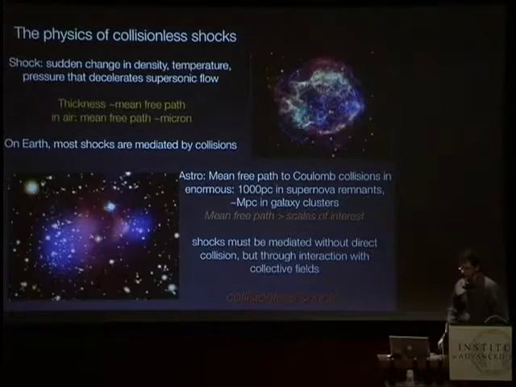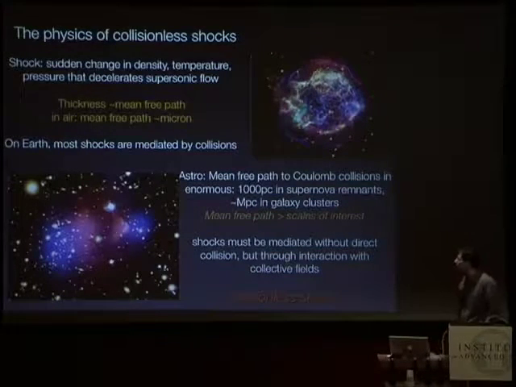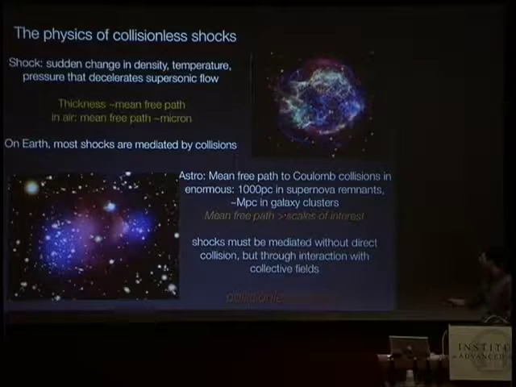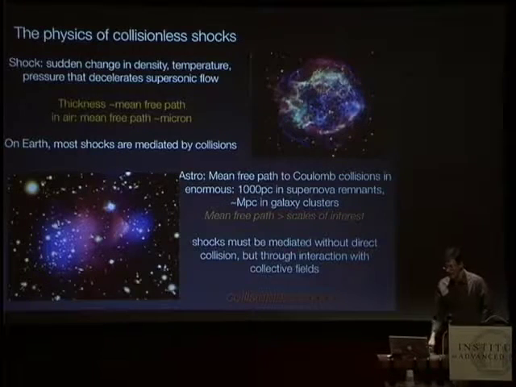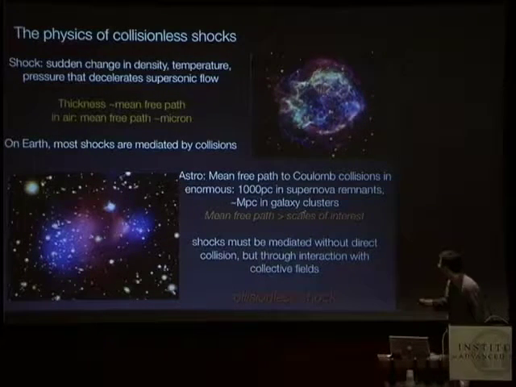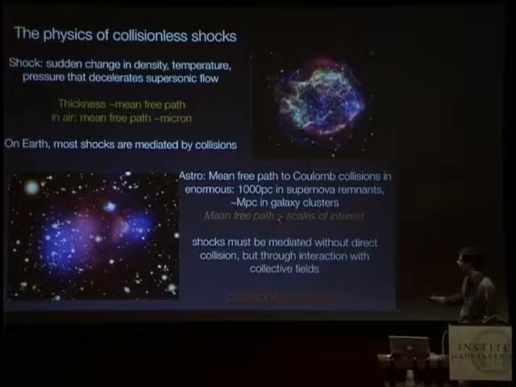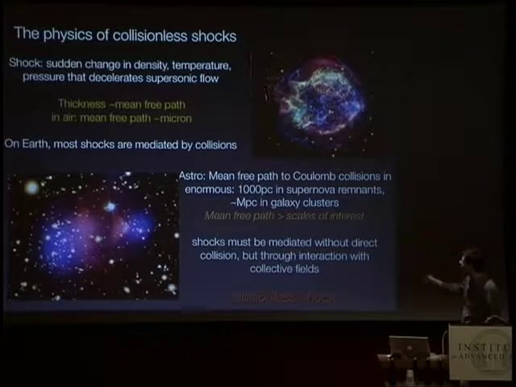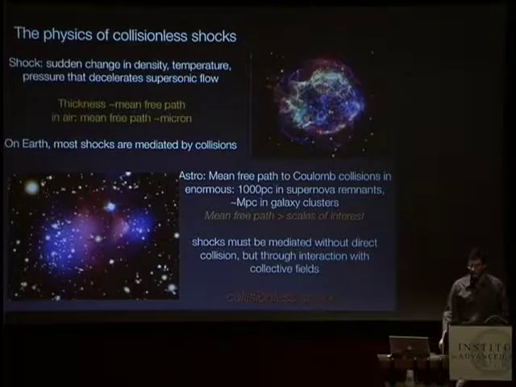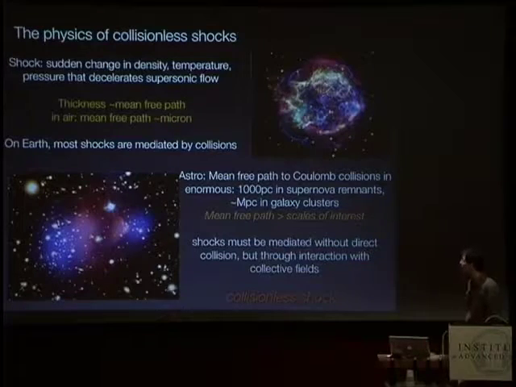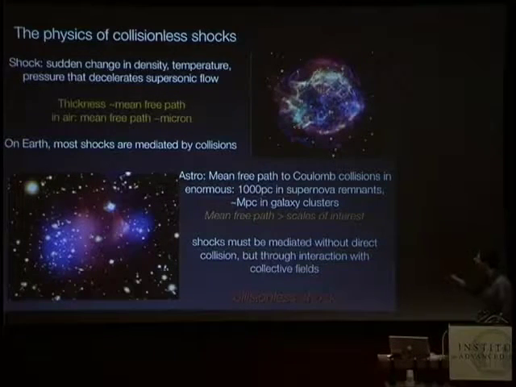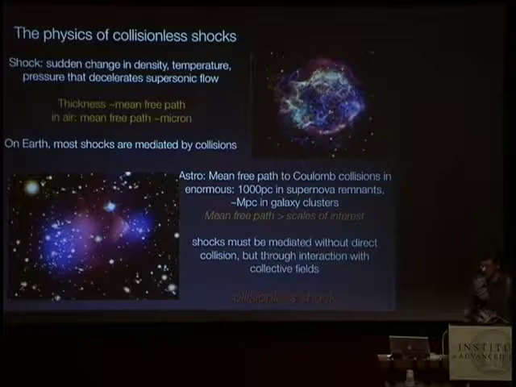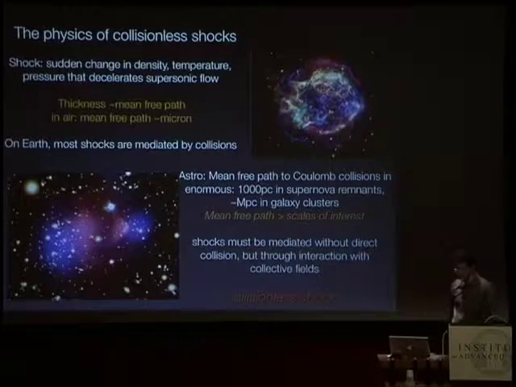And the typical mean free path can be comparable or larger than scales of interest of your problem. So for example, here is a supernova remnant, and it's expanding, and you can see a very nice shock surrounding this supernova remnant. And if you ask what is the mean free path of particles in here, you will find that it can be up to 1,000 parsecs, whereas the size of this thing is about a few parsecs.